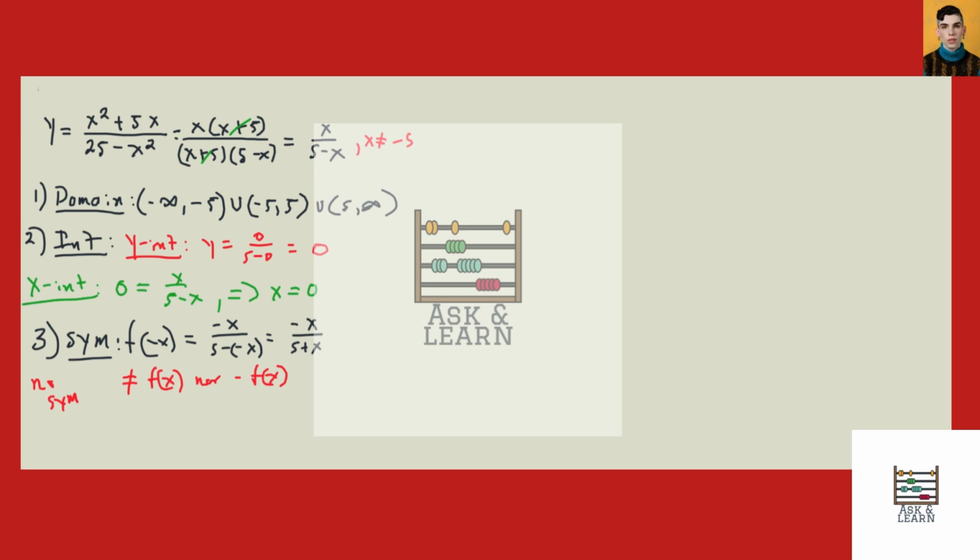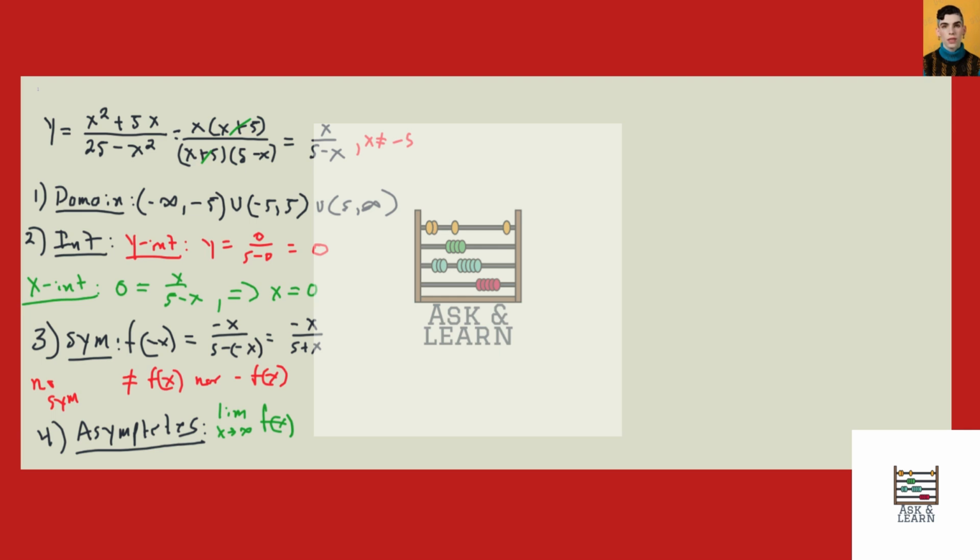Now, the next thing they want us to find is where our asymptotes are. So asymptotes. So we can look at first our end behavior, so the limit as x approaches infinity of f of x, and I'm just going to call f of x our function y.